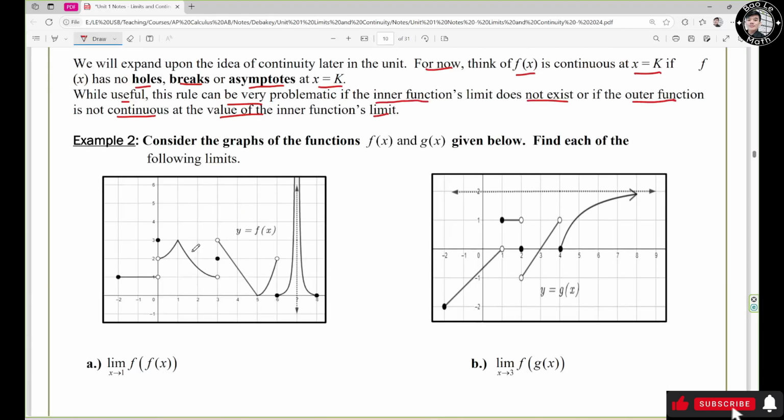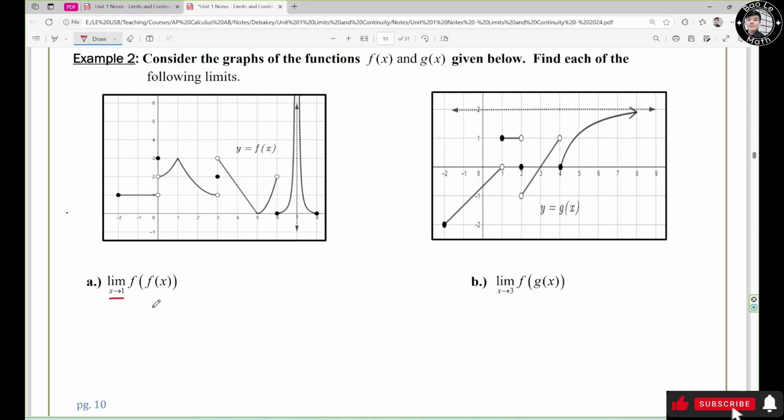Now, example number 2. Consider the graphs of a function f of s and g of s given below. Find each of the following limits. Now, question A. Limit of f of g of s when s approaches 1. Alright, so we need to calculate the limit of the inner function first.